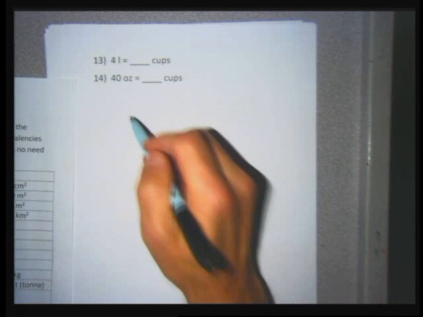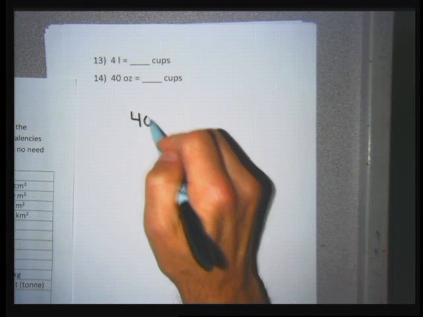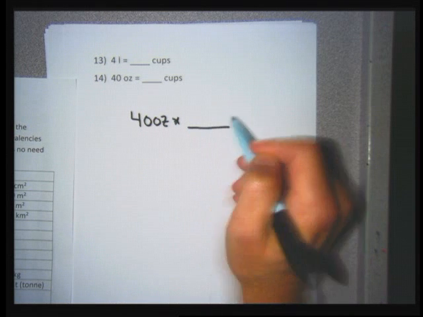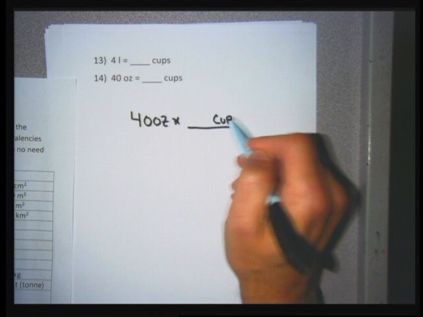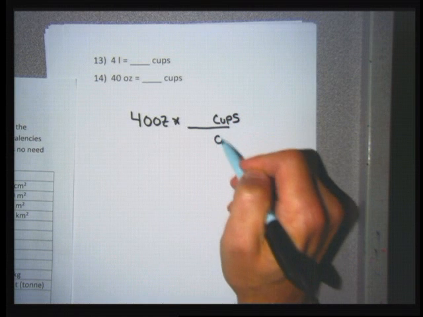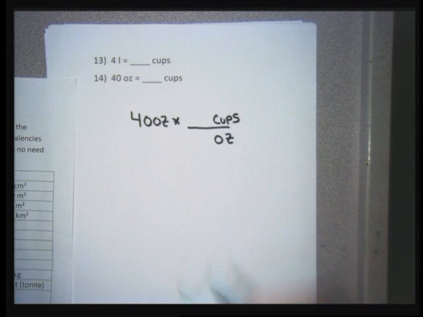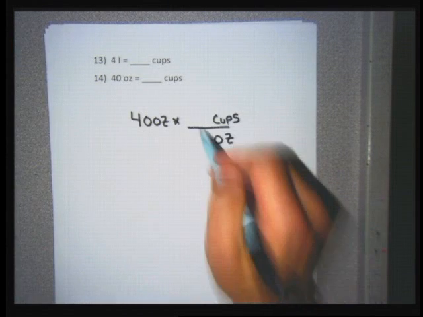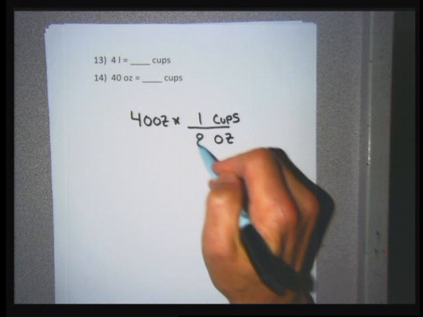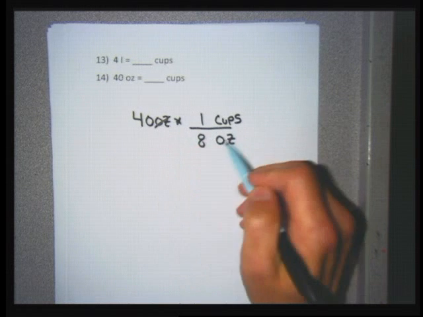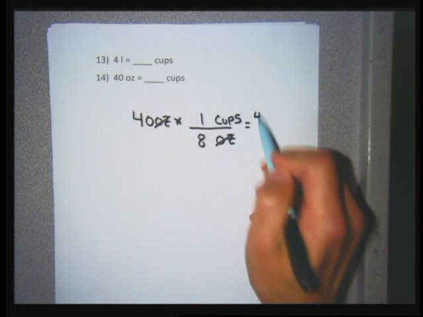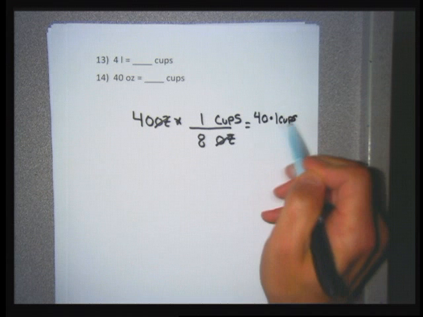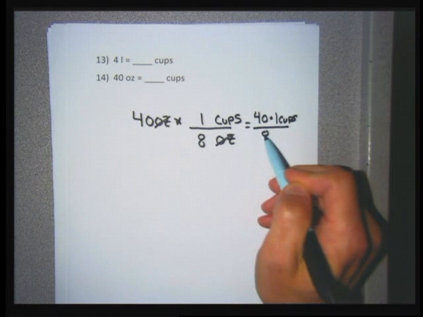So for number 14, I start off with 40 ounces. The fraction that I multiply by has to have cups in the numerator because I want to end up in cups. Has to have ounces in the denominator because I want to get rid of ounces. And I'm using 1 cup is 8 ounces. I'm going to cancel out the ounces, and I'm going to be left with 40 times 1 cup over 8 ounces.